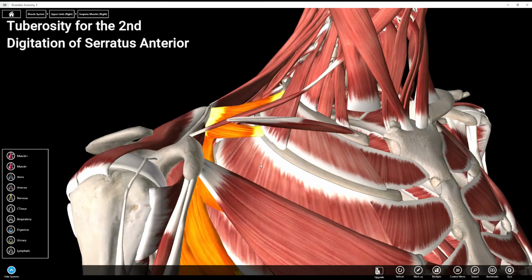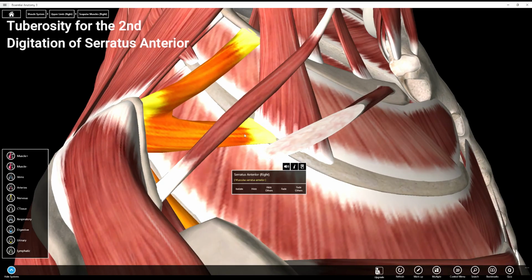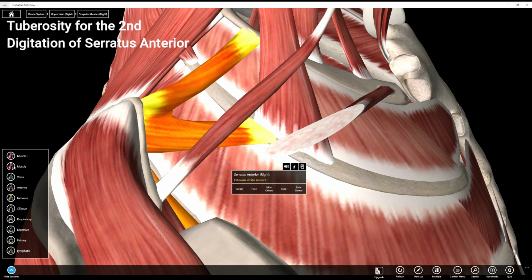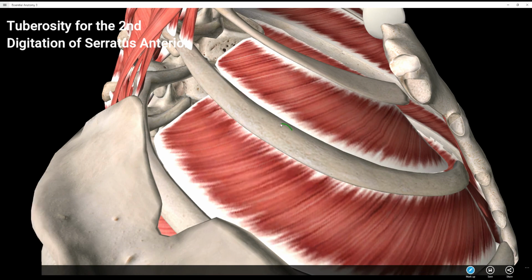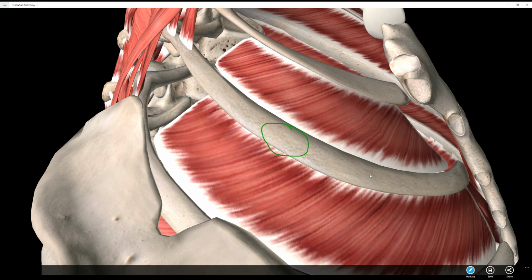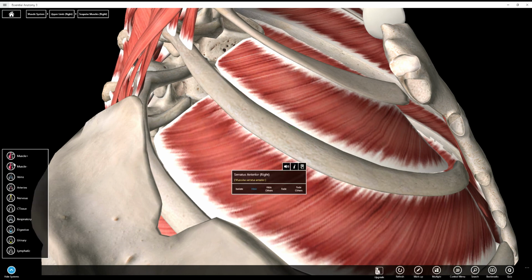And you can see the second digitation of it, the second finger attaches right there. I wonder how far off I was on where I put my mark. I think I put it down here. It's tough when there's nothing to see, so it's more over here. So anyway, that is called the tuberosity for the second digitation of serratus anterior. Let's take this muscle away.